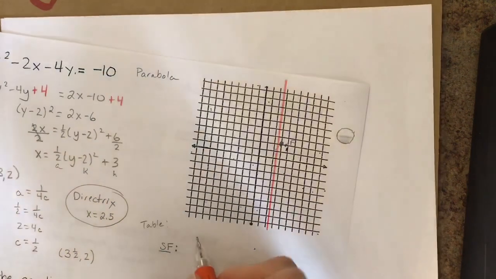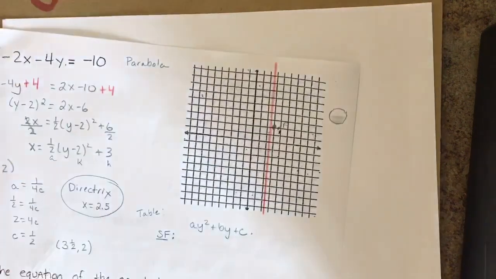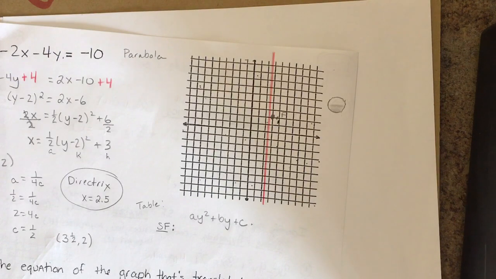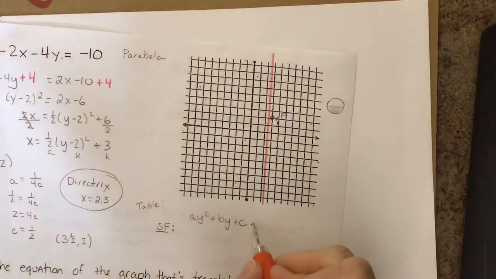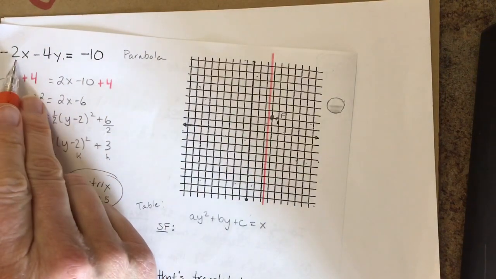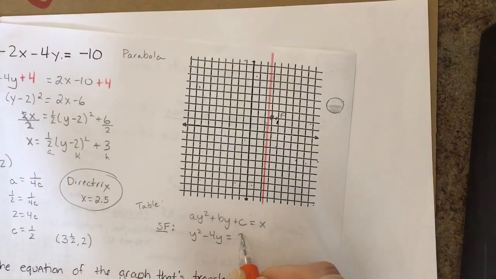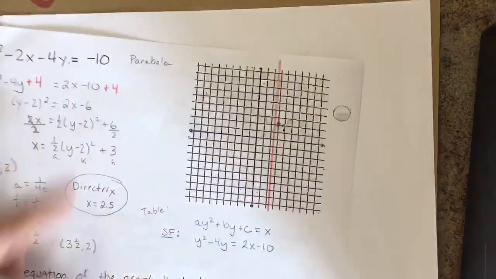Standard form would be ay squared plus by plus c. And that equals x. So let's go for x. Okay. So let's see, I'm going to have y squared minus 4y, add 2x. Same first step as this.